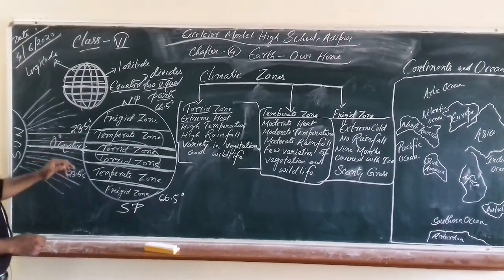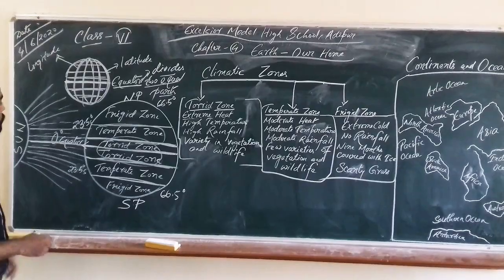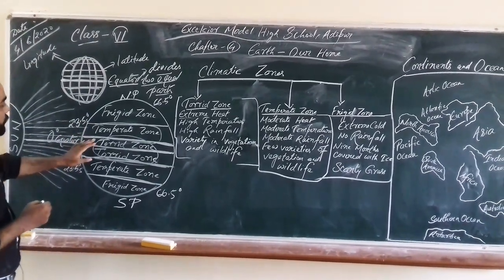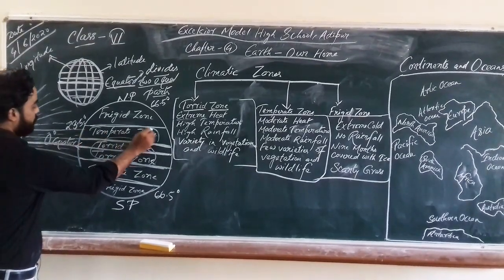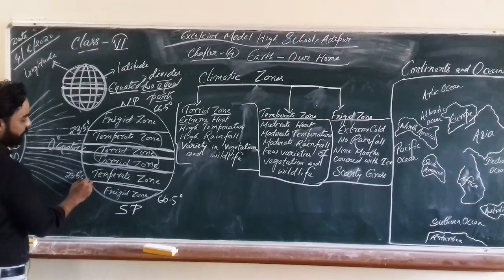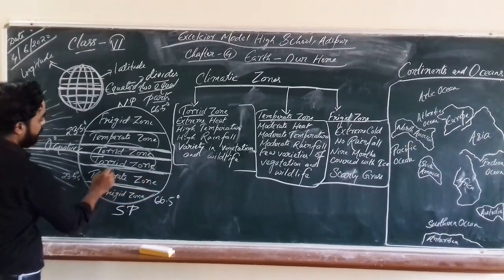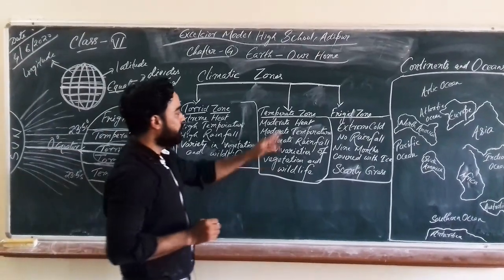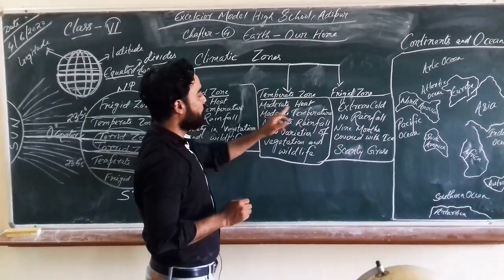Now, above the equator on the north pole, that is 23.5-degree north latitude, we see the temperate zone. Similarly, below the equator, that is 23.5-degree south latitude, we see the temperate zone. The characteristics of this temperate zone is it receives moderate heat.